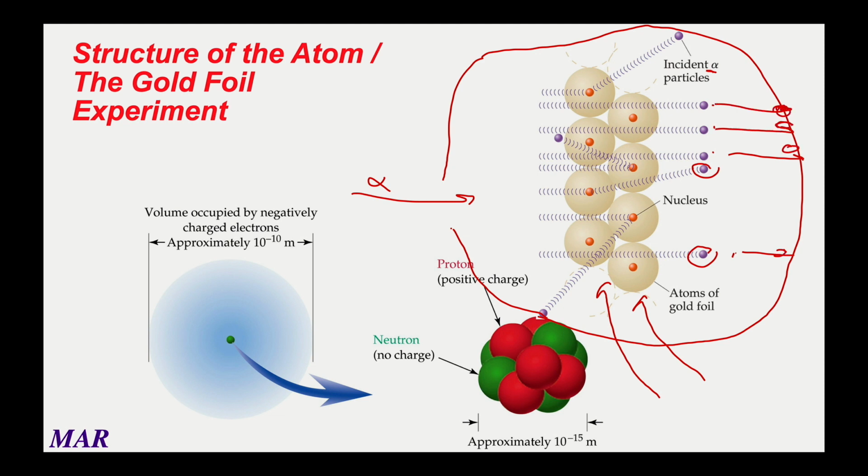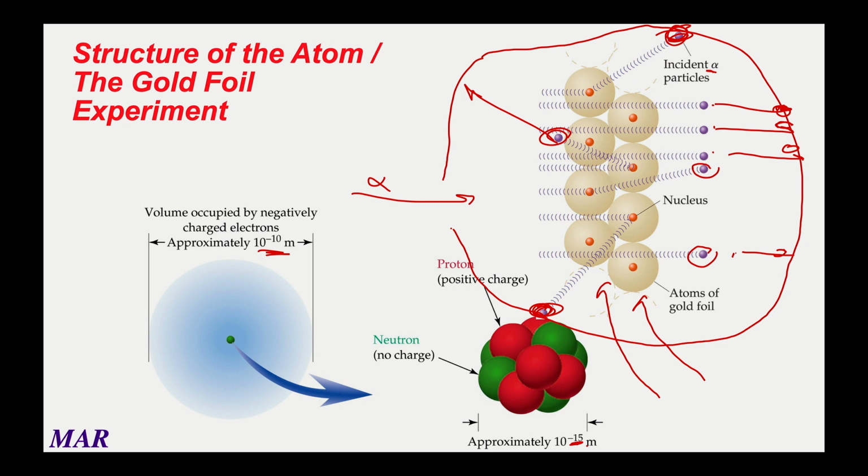But what surprised him is that some of the alpha particles went crazy, right? Some of them almost went back. You can see this one was going back. So some of them started going really crazy. And he deduced that most of the atom is pretty empty. We talked about that, 10 to the minus 10 versus 10 to the minus 15.